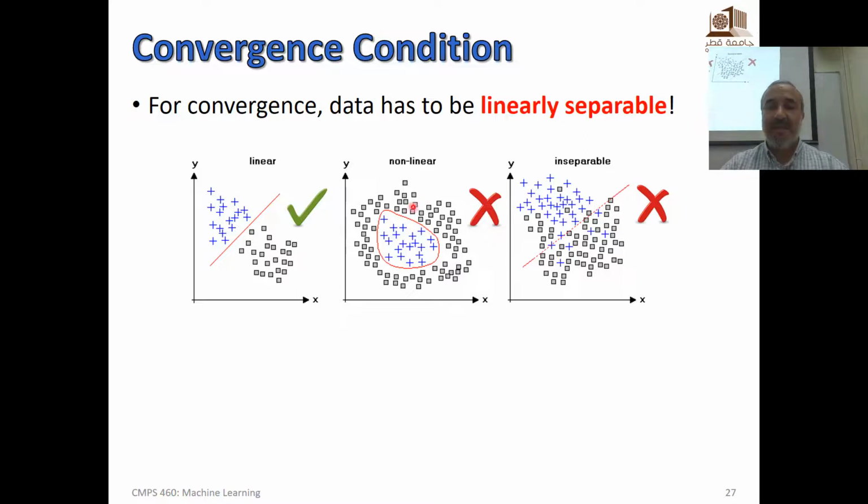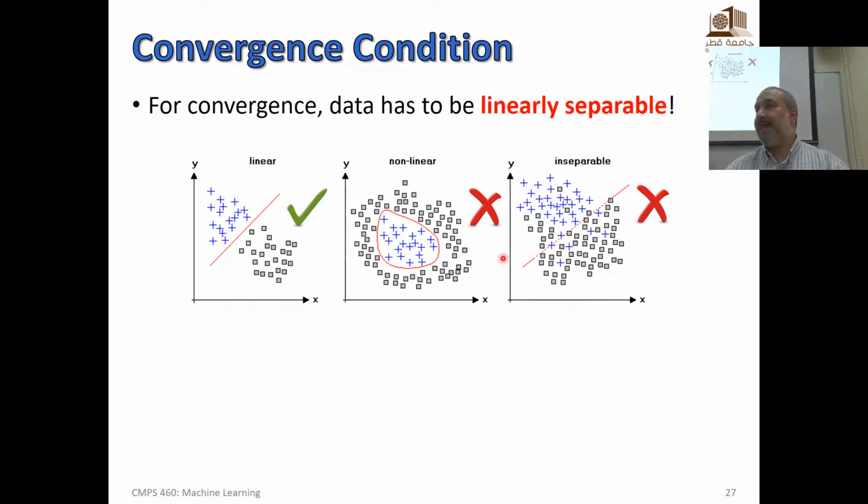That means that Perceptron will converge in this case, but will never converge in these cases, right? So it depends on the data. If the data is linearly separable, then the Perceptron algorithm will eventually converge, or at least can find a model that will converge. In the other case, it will never converge. But never converge means what?